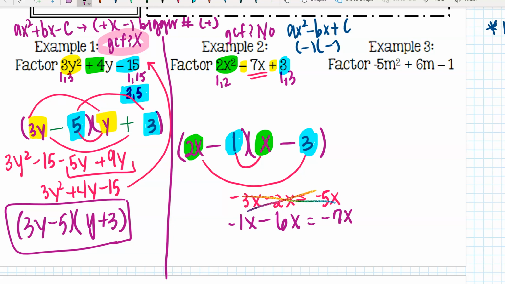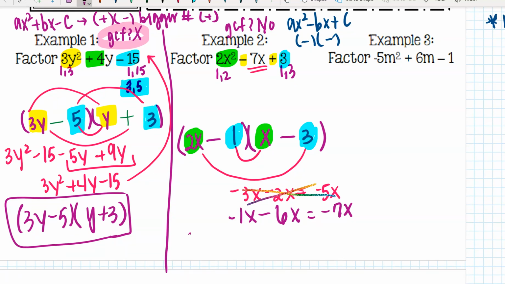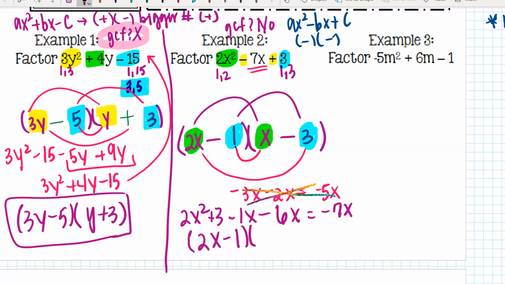So now I end up with my negative 7x like I'm supposed to, which means that my answer here, when I do all the other factoring, so I have 2x squared, and I have my last term, that's a positive 3. Okay, I should end up with the trinomial that I originally started with. So my answer here, my factored terms are 2x minus 1 times x minus 3.